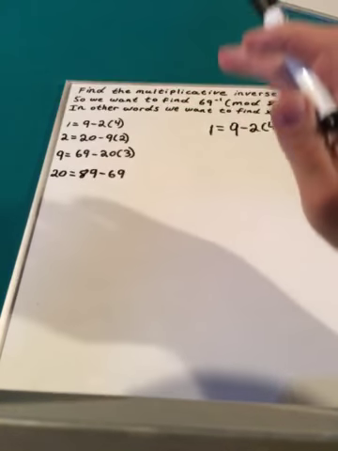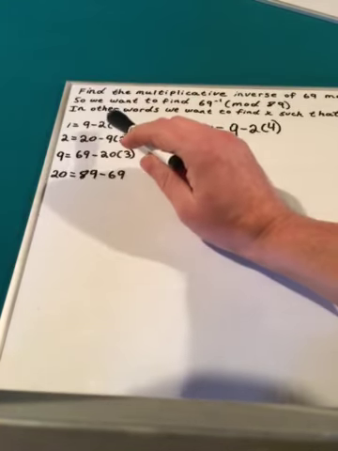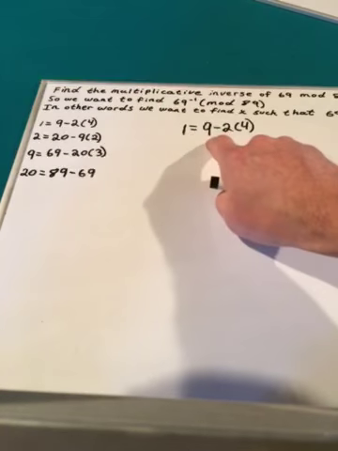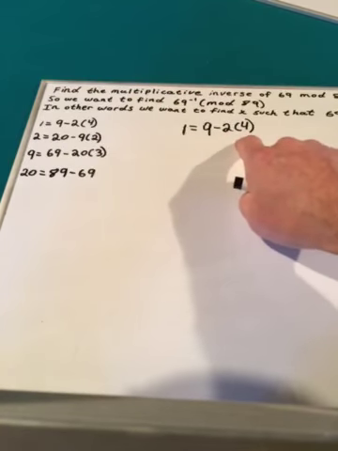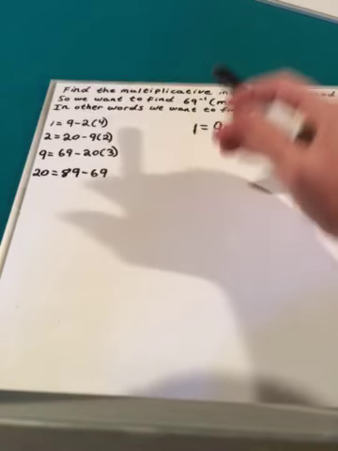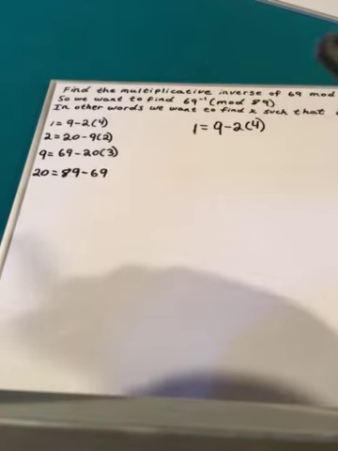I'm going to start with 1. And we have 1 is equal to 9 minus 2 times 4. And then we can go down and have everything equal to 1.